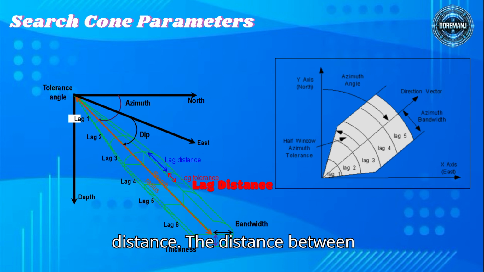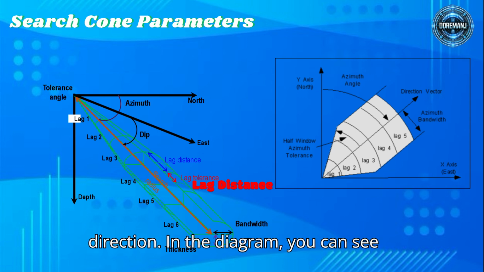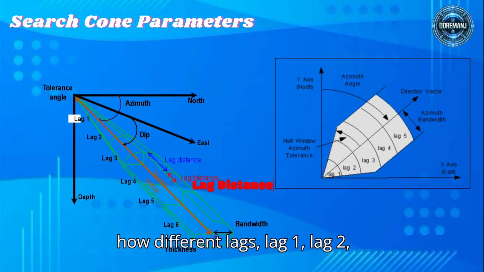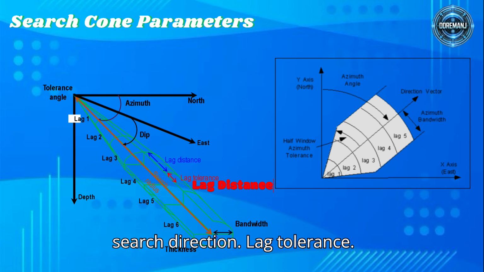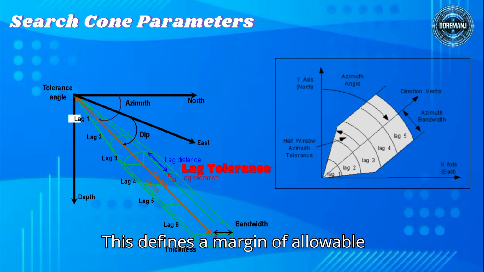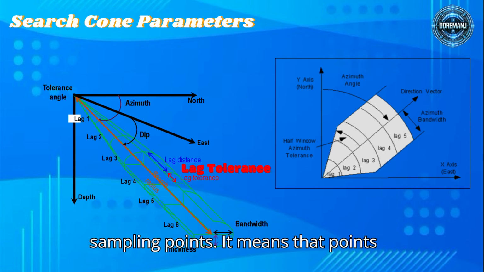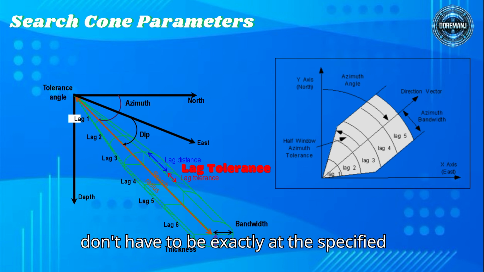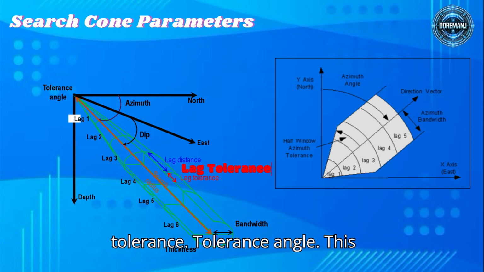Lag distance. The distance between sampling points along the selected direction. In the diagram, you can see how different lags, lag 1, lag 2, etc., are distributed along the main search direction. Lag tolerance. This defines a margin of allowable variation in the distance between sampling points. It means that points don't have to be exactly at the specified distance, but can fall within a range of tolerance.